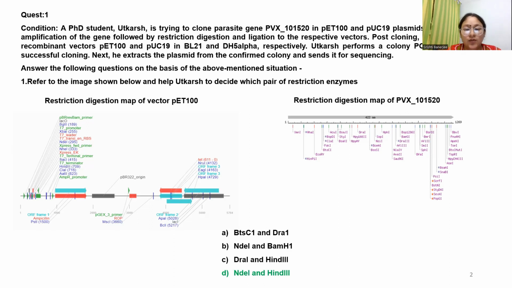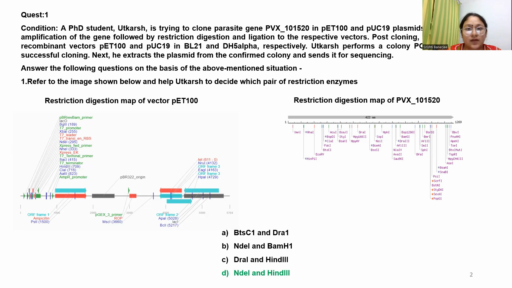So is it clear? Like, why is this pair the answer and why not these four? Because this particular pair has its sites here. And so when you're going to perform this experiment, you're going to choose these two enzymes for this one. Clear? Or you want me to repeat? Is it clear to all the students present here?